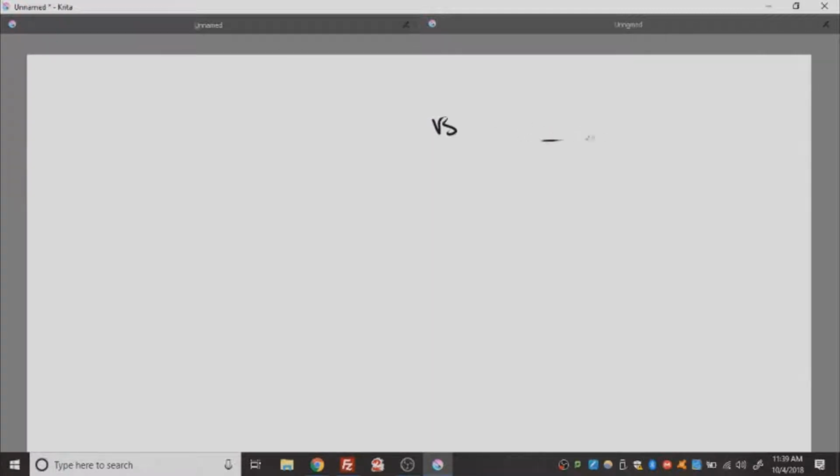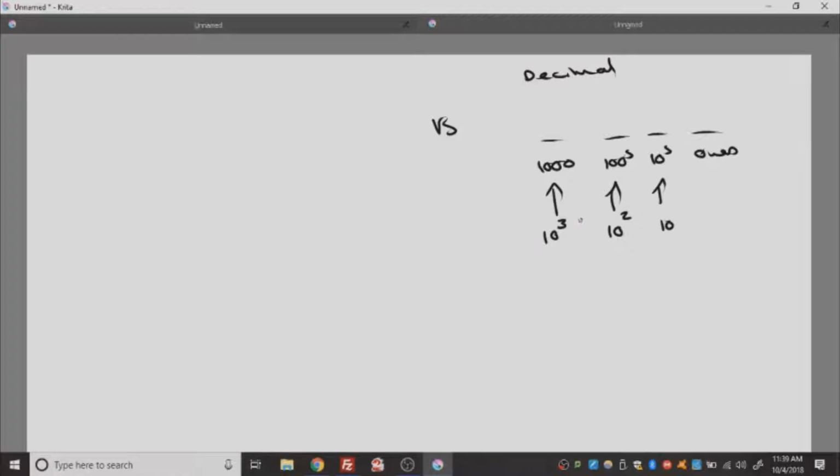So if I have 1, 2, 3, 4 places, decimal, I would count ones, tens, then hundreds, then thousands. This is just 10. That 100 is 10 squared. That 1,000 is times another 10, 10 cubed. So these are increasing powers of 10 as the group size in the decimal numbers.